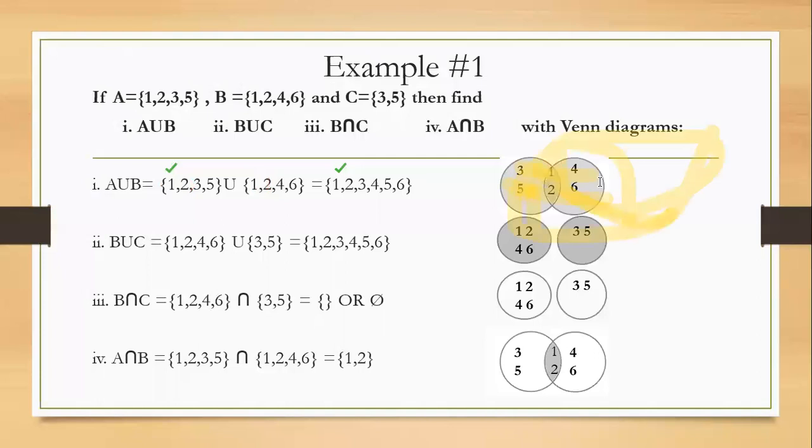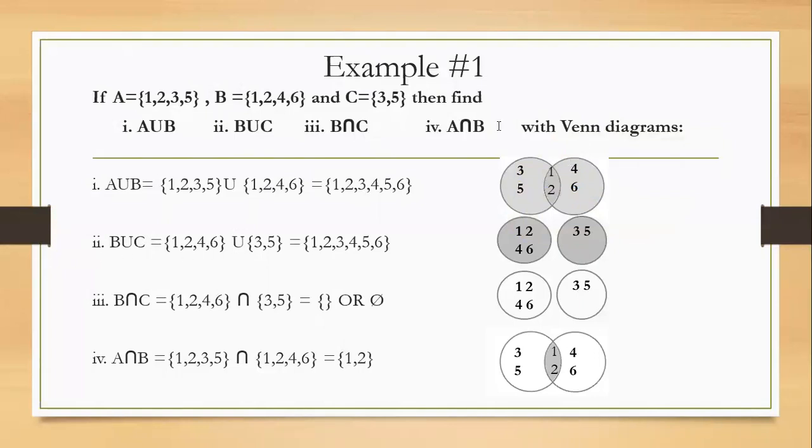Now, shading depends upon the answer. We get the answer 1, 2, 3, 4, 5, 6. That means we have to shade the whole Venn diagram.